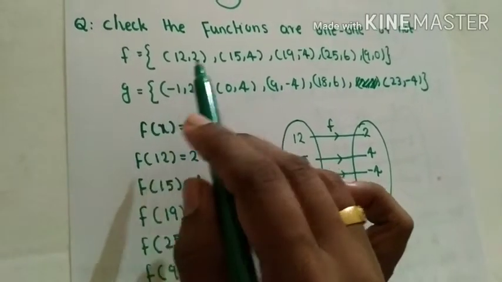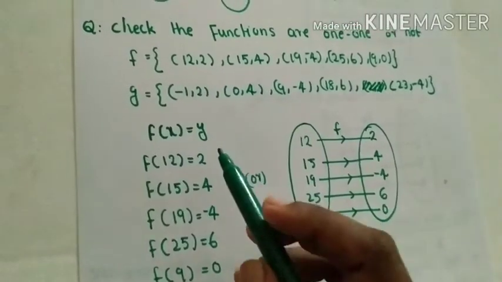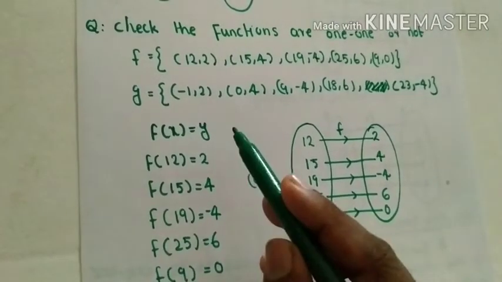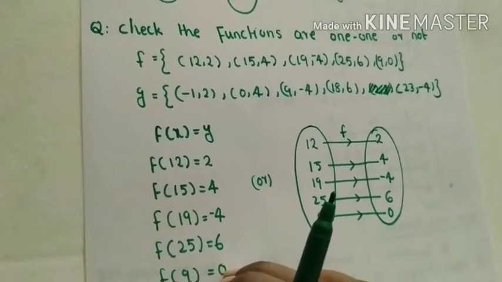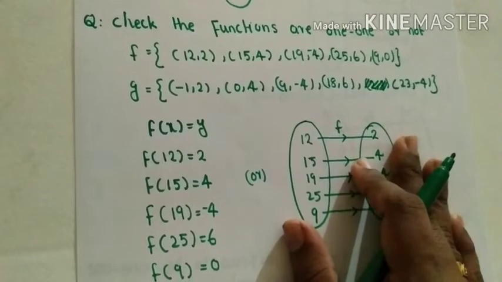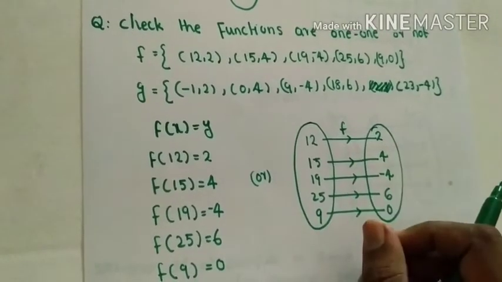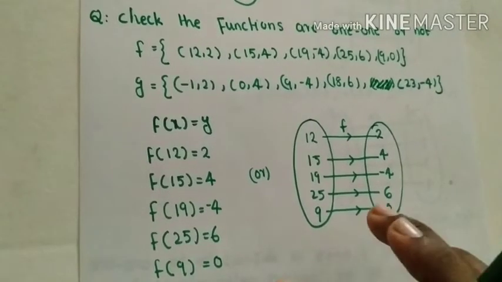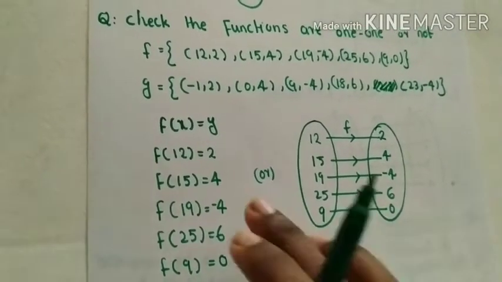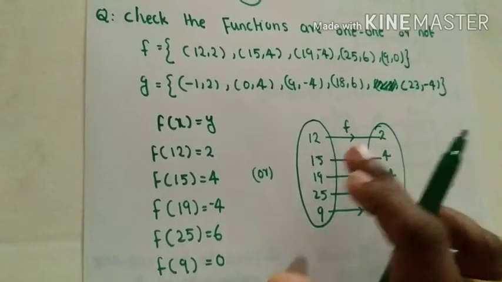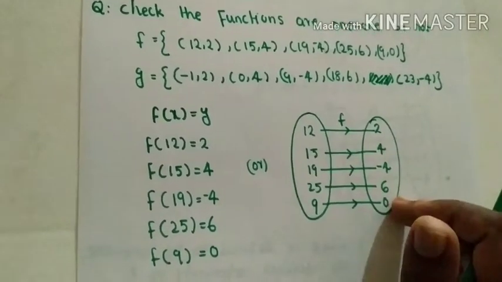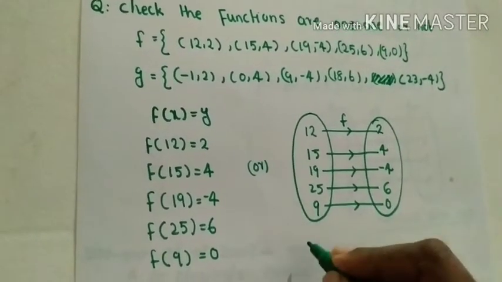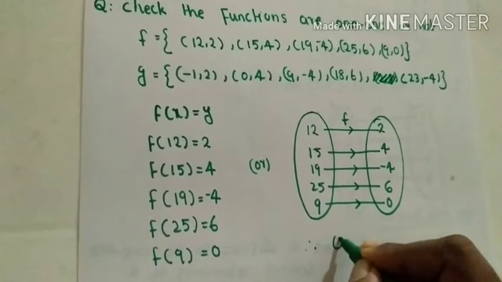We know that a function can be represented either in this way or in an arrow diagram. In the first case, we can see that the different elements have different images. Therefore, the given function is 1-1.